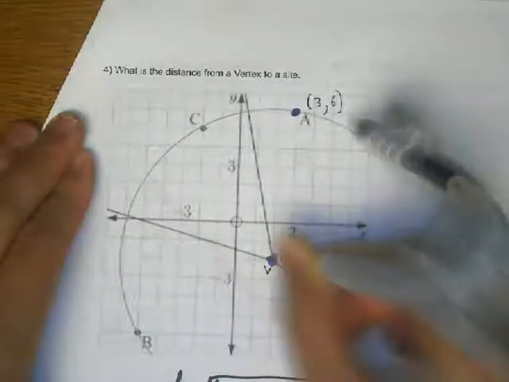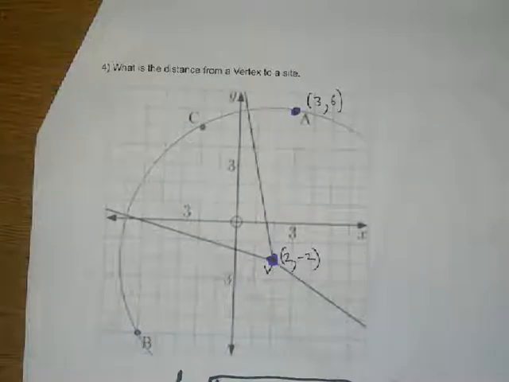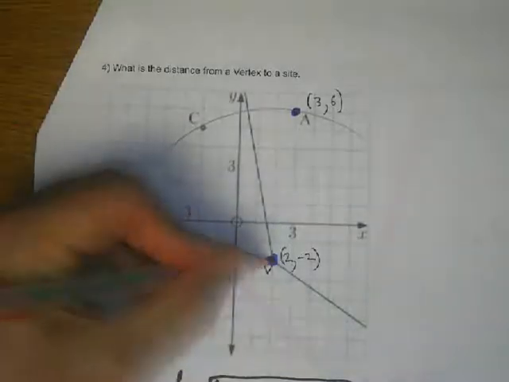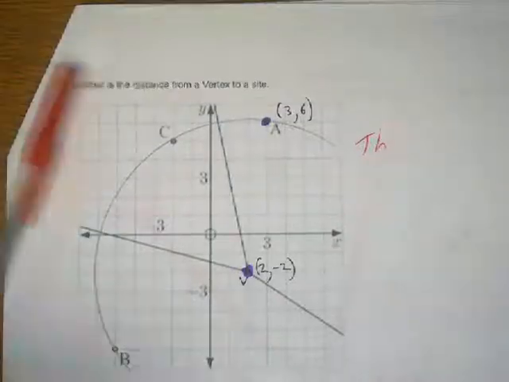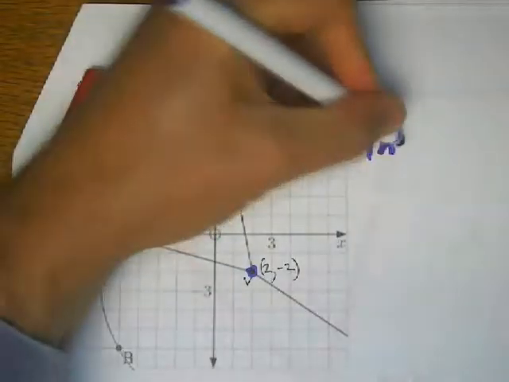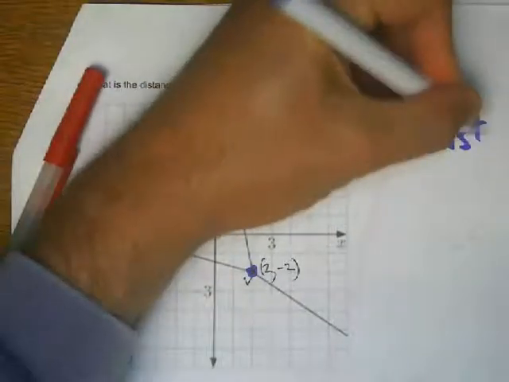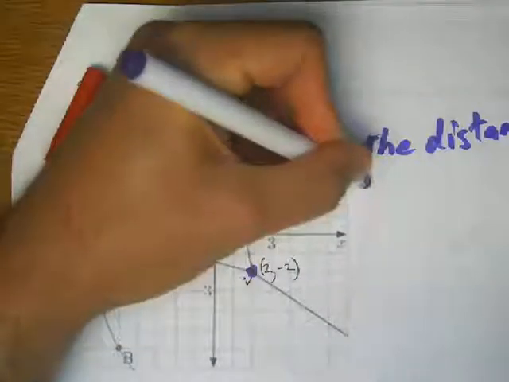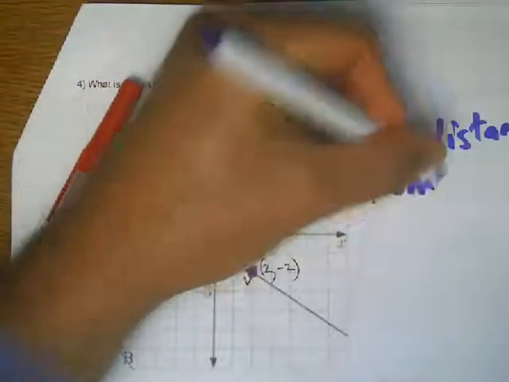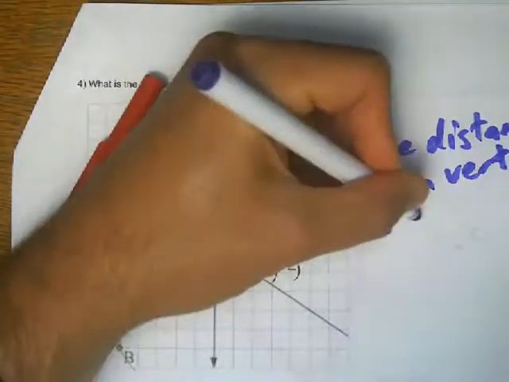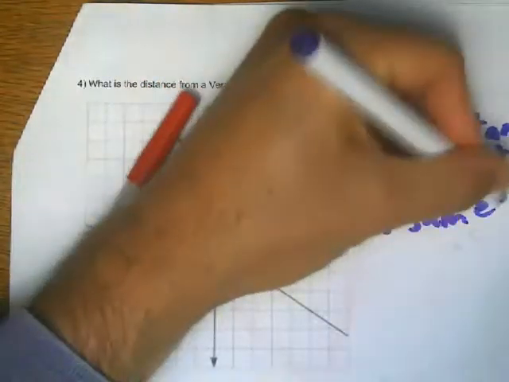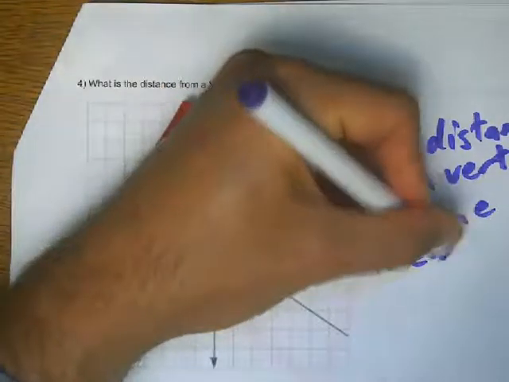What does that mean? That means the distance from the vertex to each site is the same. In fact, I'm going to write that: the distance from vertex is the same to each site.